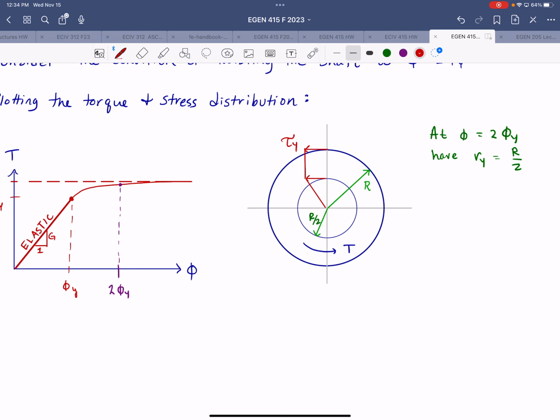All right, so we want to determine the torque associated with this state. I'm going to come down here to calculate that. So our torque is equal to 4/3 times the yield torque, and then in brackets, 1 minus 1/4 times the yield angle divided by the angle that we are considering, the angle for our state, which is 2 phi y, cubed.